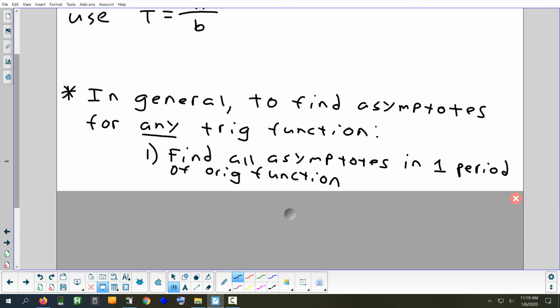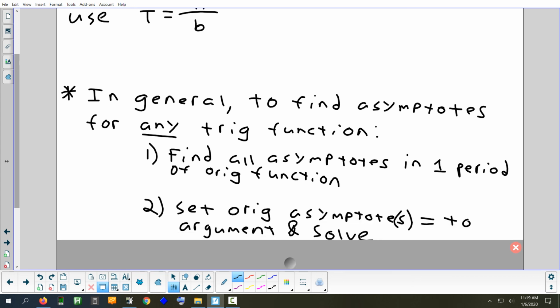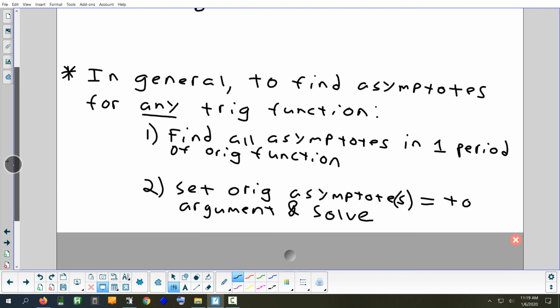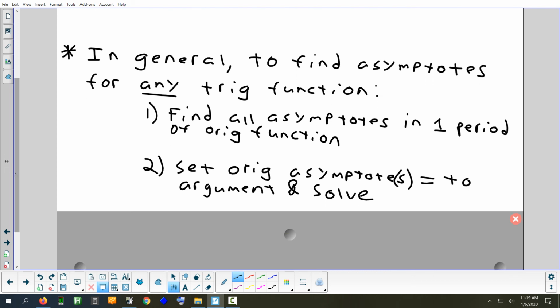In fact, that table will do that step for you. Next, set the asymptotes that you found in step 1 equal to the argument and solve. We'll go through and do one, but for now I just want to give you the steps.